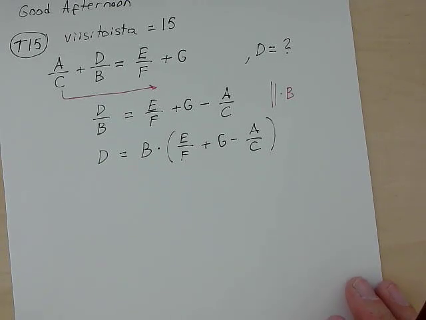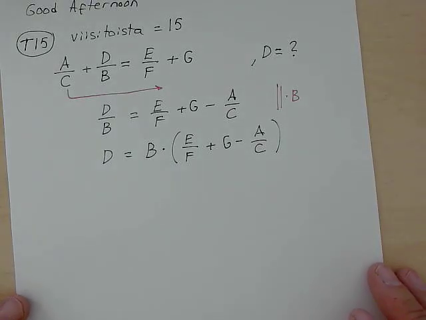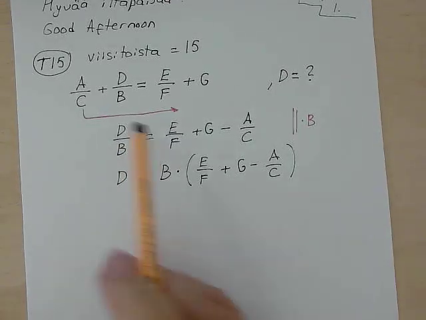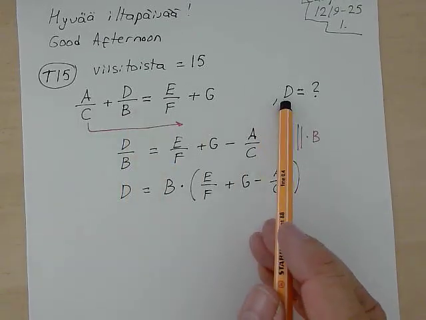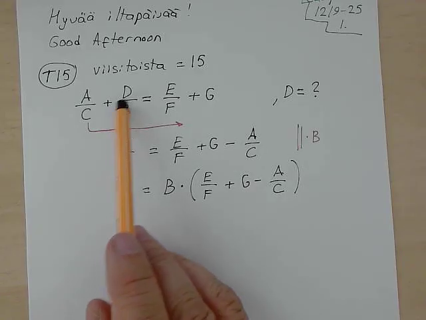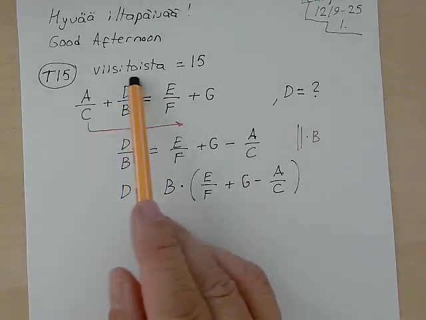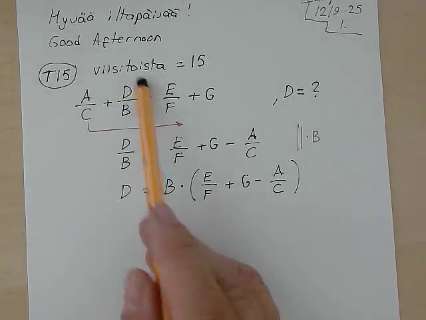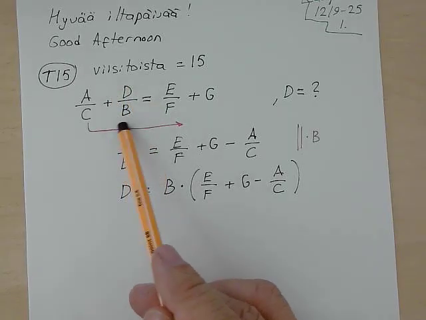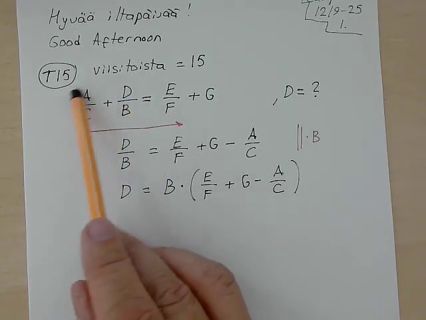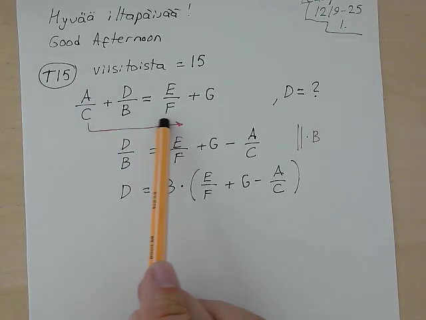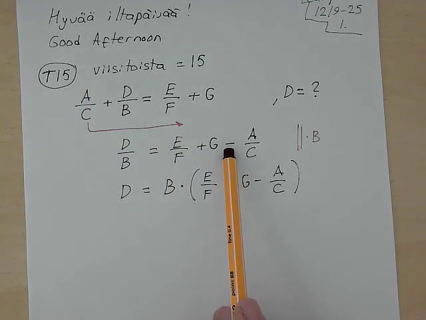Can you explain one time again? Yeah, from the beginning. Well, first we noticed that d should be solved from this problem, and we found d in this part of this equation. So we will leave this part only on the left hand side of the equation, and that means we have to take this away, and it goes to the right hand side by changing the sign.